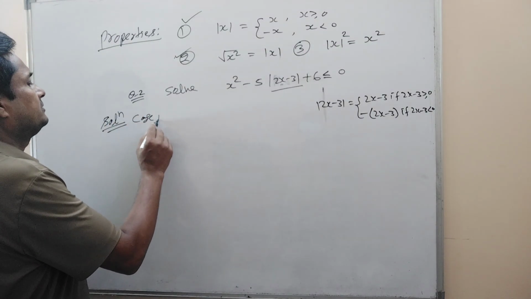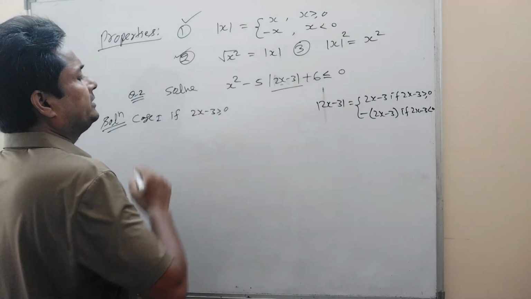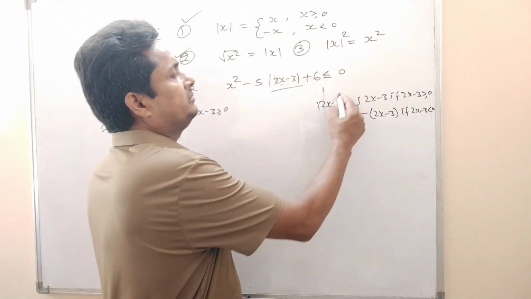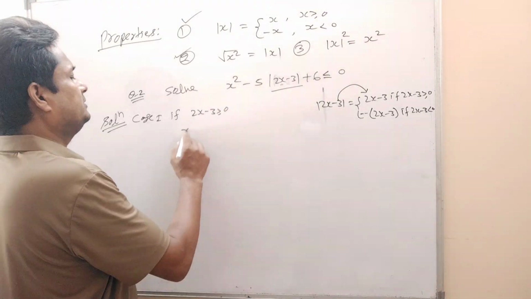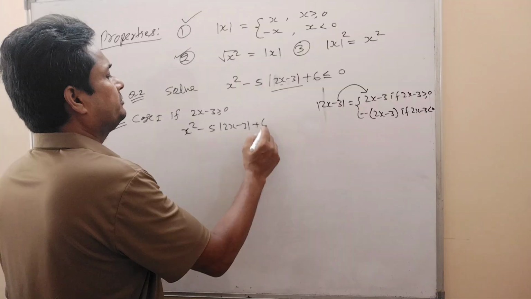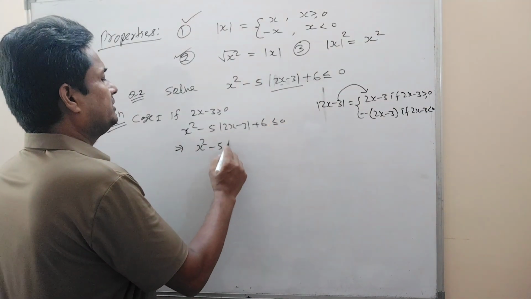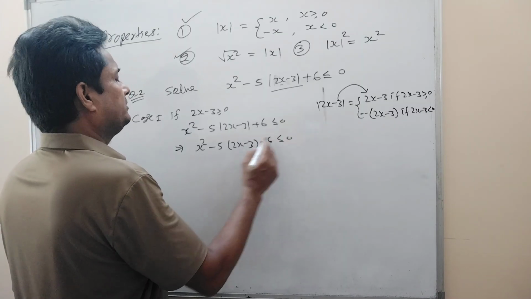Case 1, if 2x minus 3 is greater than or equal to 0, then this modulus can be written like this. So x square minus 5 mod 2x minus 3 plus 6 less than or equal to 0 can be written as x square minus 5 into 2x minus 3 plus 6 less than or equal to 0.